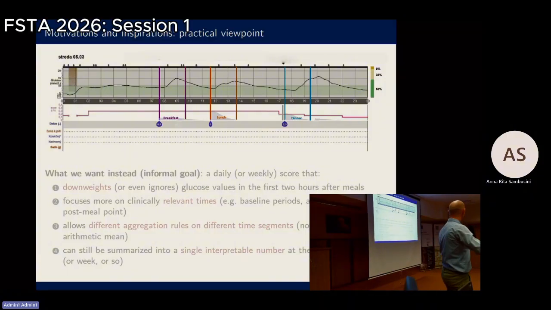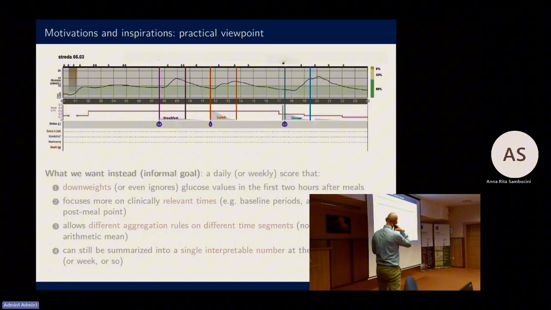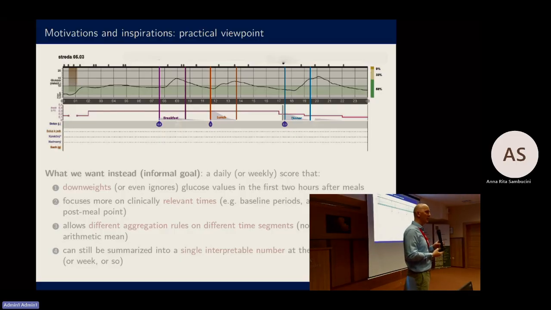So I will take an upside-down approach, and I will try to explain something from a practical motivation or practical point of view, and I will try to explain all the ingredients we included. On the picture you can see the real record from a smart device of a patient with diabetes.